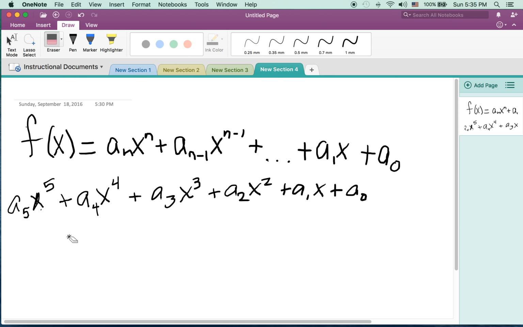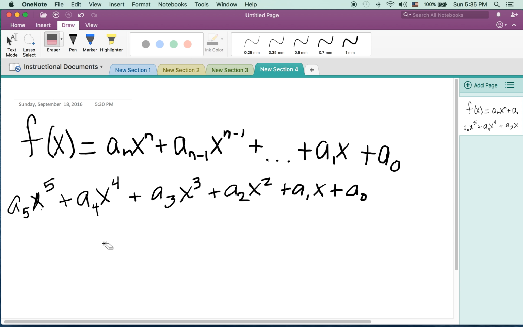So polynomials are more useful than they first appear, and one of the problems that students end up having with polynomials is that these a terms, well, to you they may just look like variables, and in some sense they are. But once they're set, they're parameters. And the only variable in the expression is x.